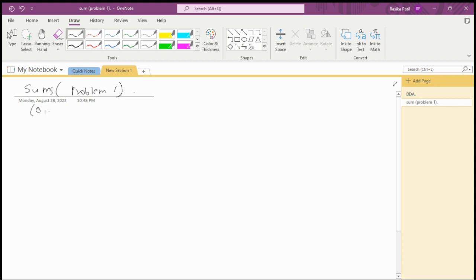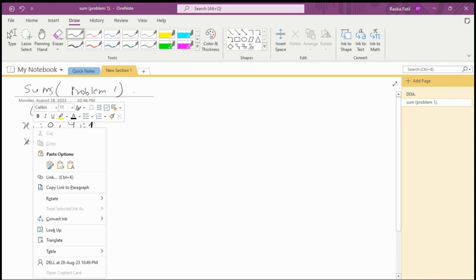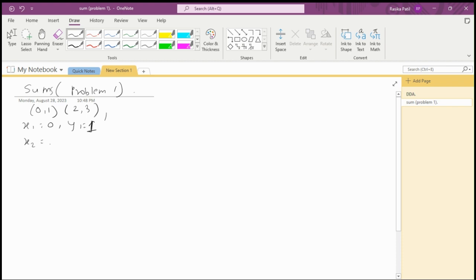It gives us the points (0, 1) and (2, 3). So here, the coordinates are x1 equals 0, y1 equals 1, x2 equals 2, y2 equals 3, right?